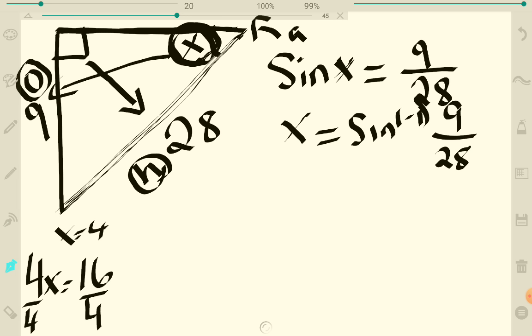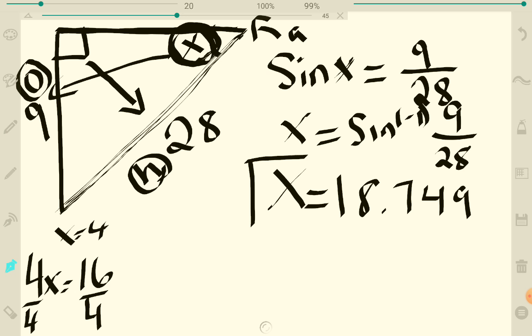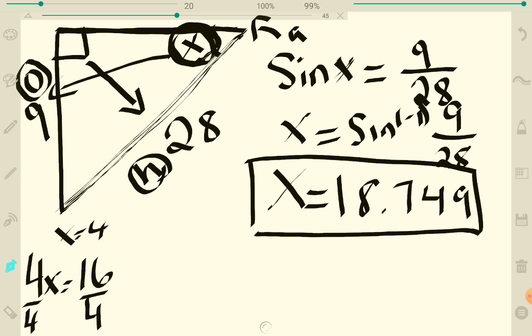And that's sine inverse because we're doing the opposite of sine, just like the opposite of multiplication is division. So we should get x equals, and you can go plug that into your calculator and you should get 18.749 as the answer to the first problem. And that is this angle right here.